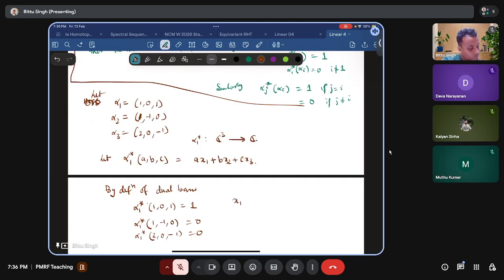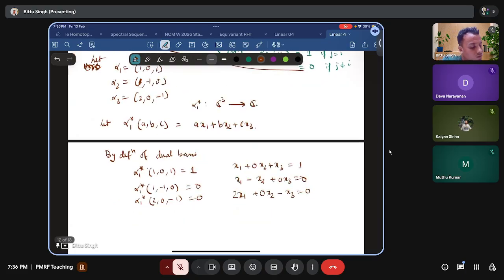So, putting in the values of a, b, c, it is x1 plus 0x2 plus x3 equal to 1, and similarly x1 minus x2 plus 0x3 equal to 0, and 2x1 plus 0x2 minus x3 equal to 0.